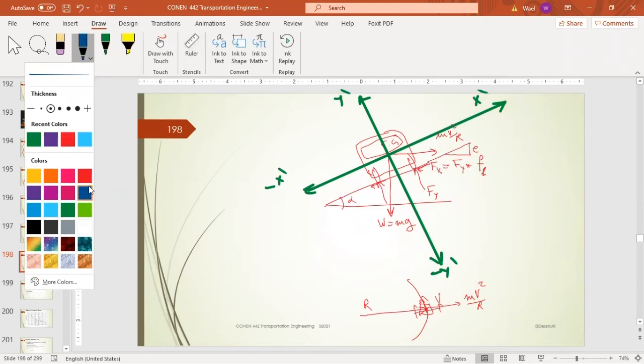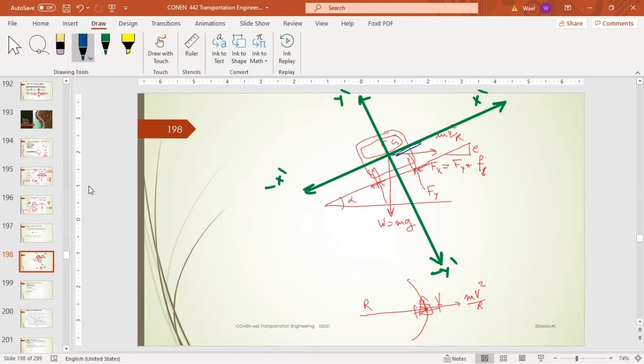So here, if we analyze this centrifugal force, we are going to have a force here. It's basically mv square over r cosine alpha. And here we have another force, which is basically mv square over r sine alpha.